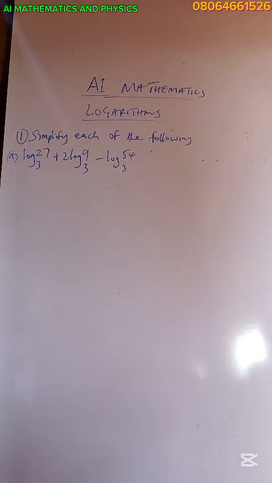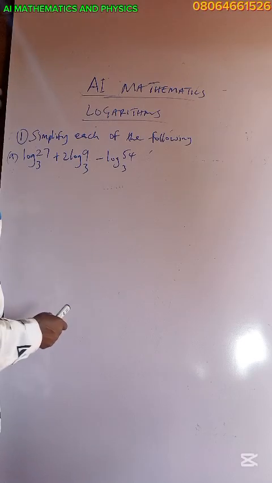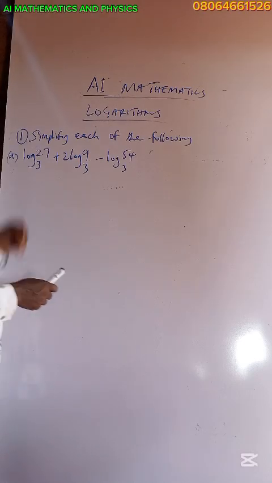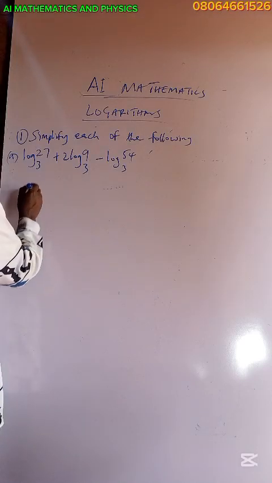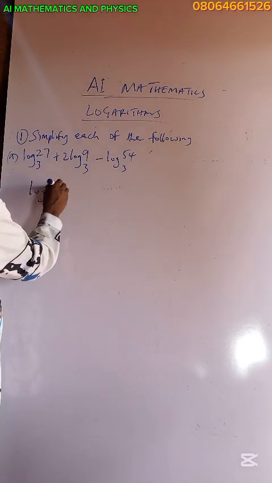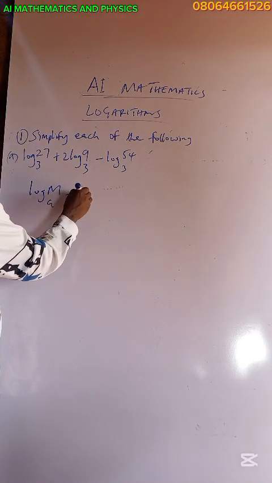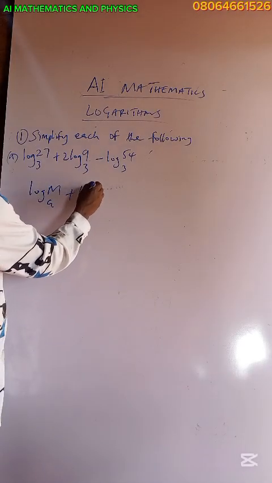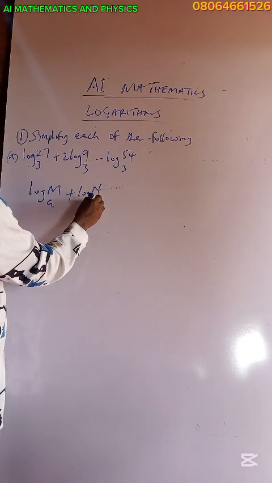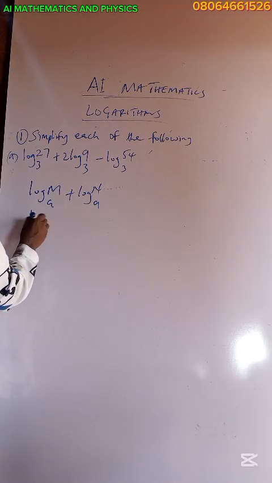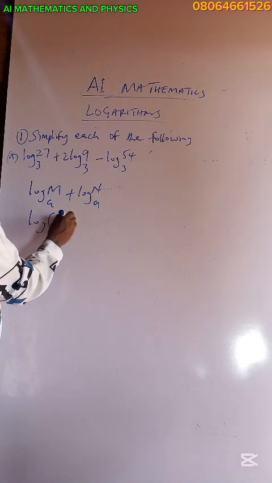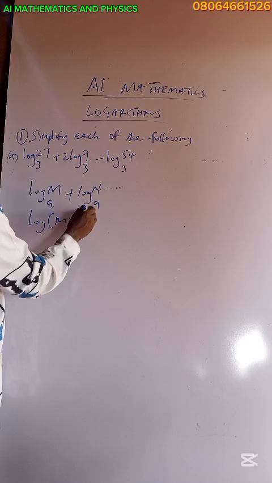Okay, number A, you can see that we have a rule like this: log m base a plus log n base a. When we have this, that will be log m multiplied by n base a.